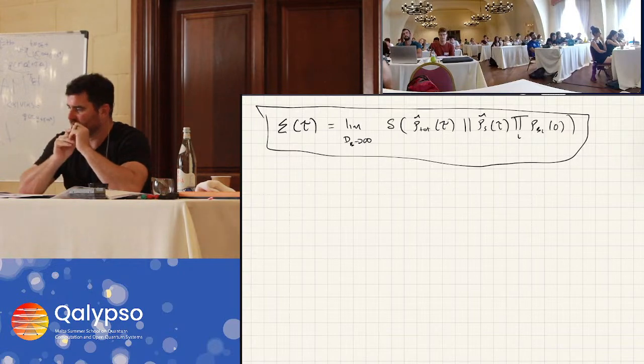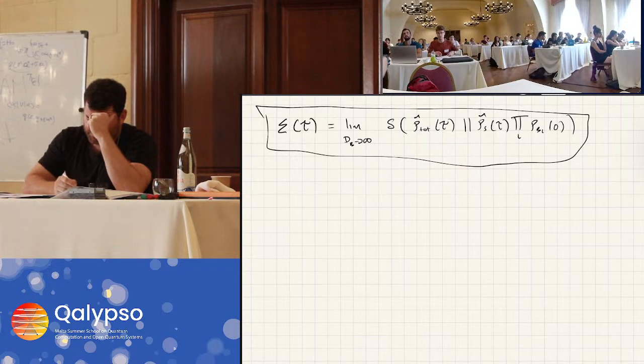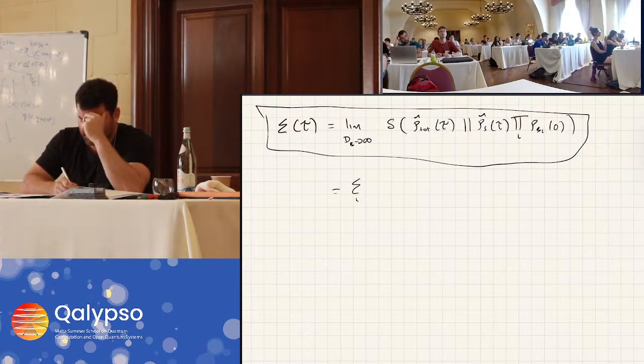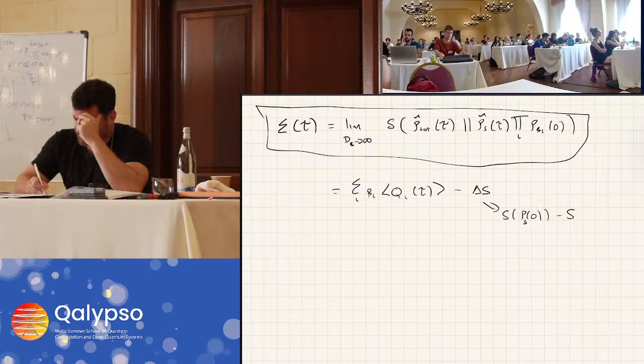But you can show that this thing is equivalent to the sum over L of beta L Q L of tau, minus delta S, where this is S of rho 0 system minus S of rho tau.